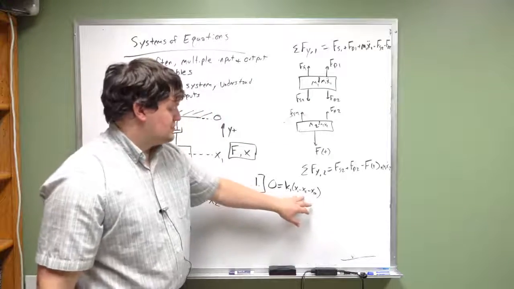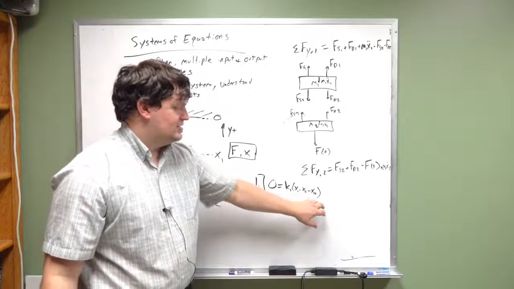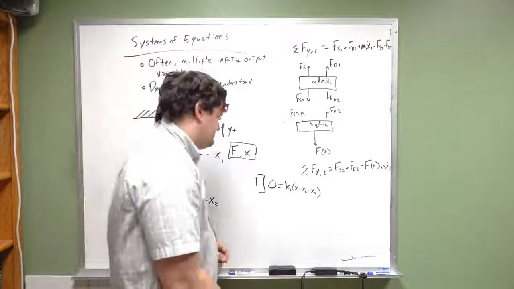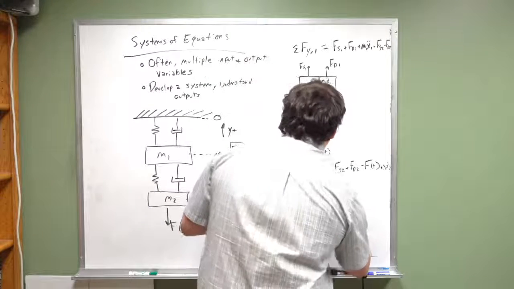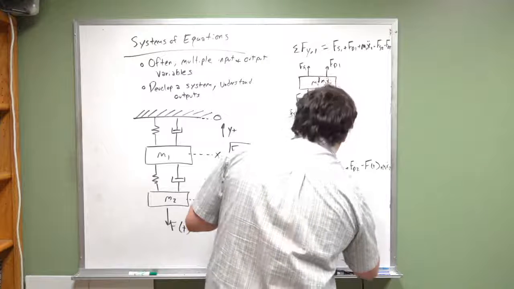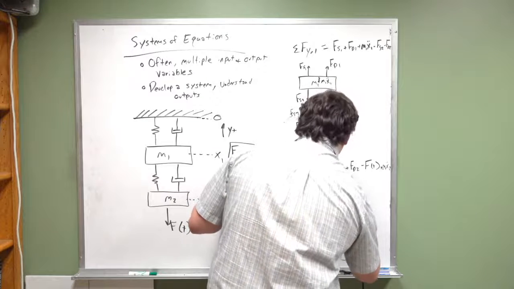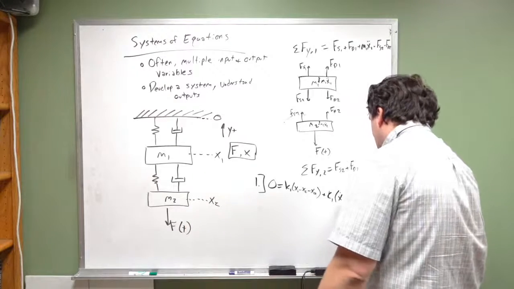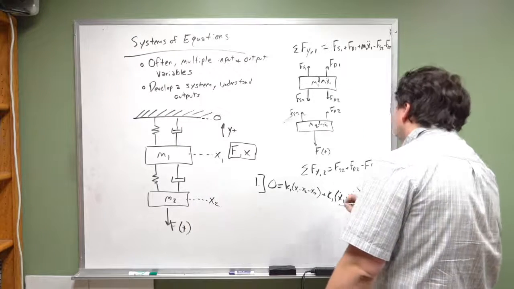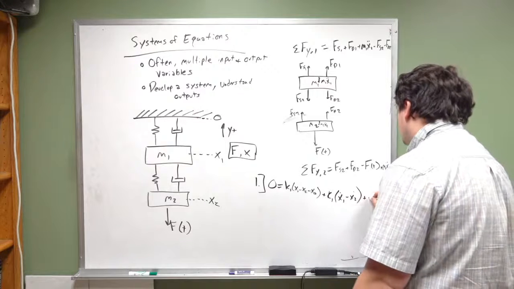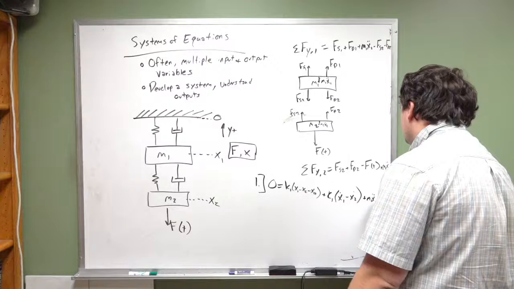So this is the new spring length minus the old spring length, and that's equal to the amount of stretch. And then plus FD1, which is C1 times (x1 dot minus x2 dot), plus M1 x double dot 1.